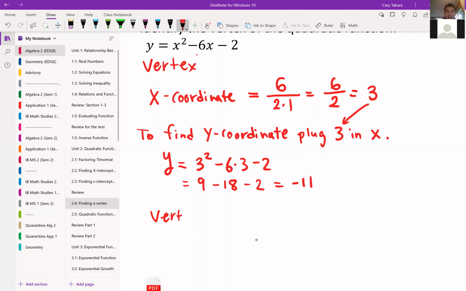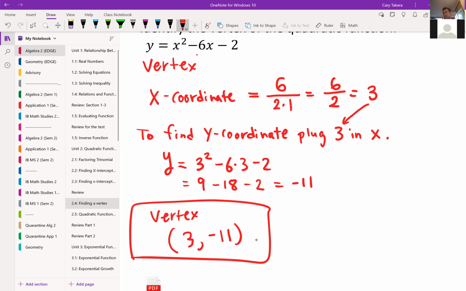The vertex is going to be 3, negative 11. What do you guys think?